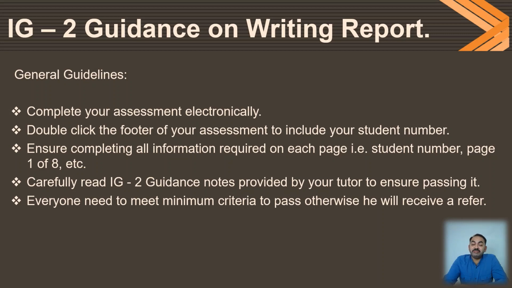Everyone needs to meet minimum criteria to pass, otherwise he will receive a refer. And the minimum criteria to pass your report is complete all of 4 stages of your report. The quality of one of these stages, if it is weak, no problem, but you cannot quit, you cannot leave one complete stage of your risk assessment. Complete all four stages which we discussed to pass the report.